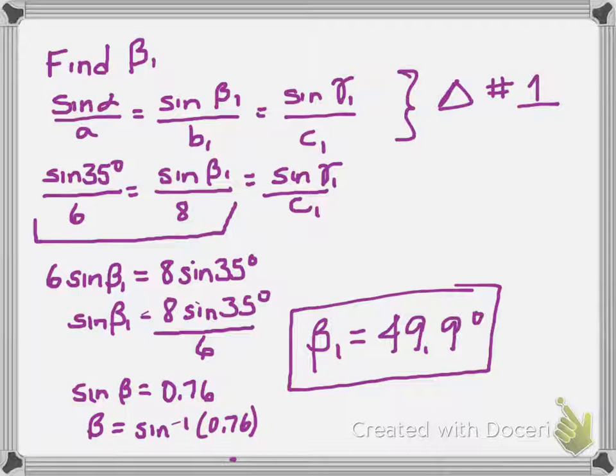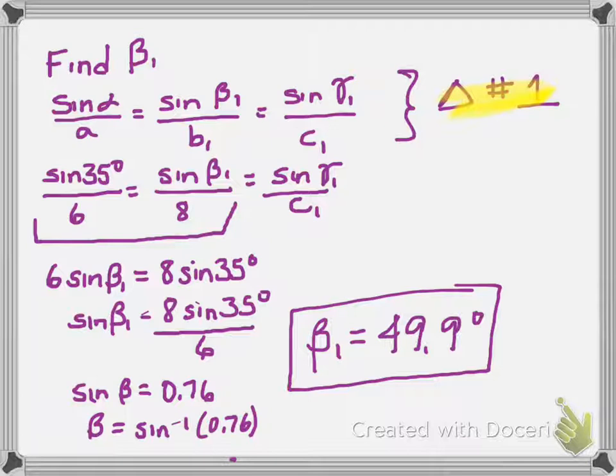Alright, so again I have my ratios because I want triangle 1. I have sine alpha over A equals sine beta 1 over B1 equals sine gamma 1 over C1. Because in my triangles, my alpha and my side A will be the same in both the triangles. But my beta, gamma, B, and C will be different.